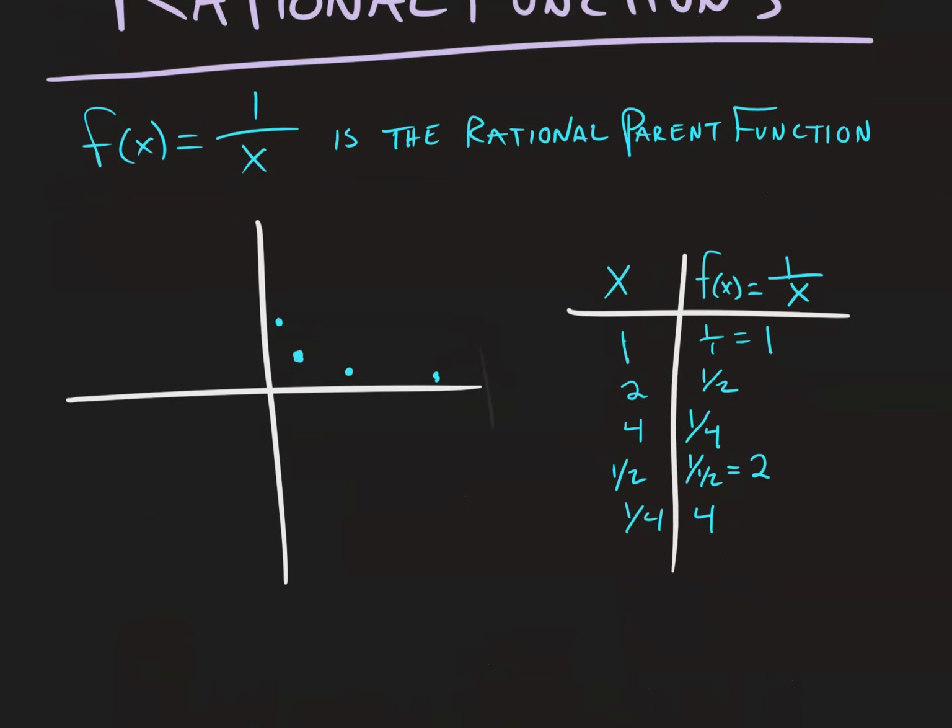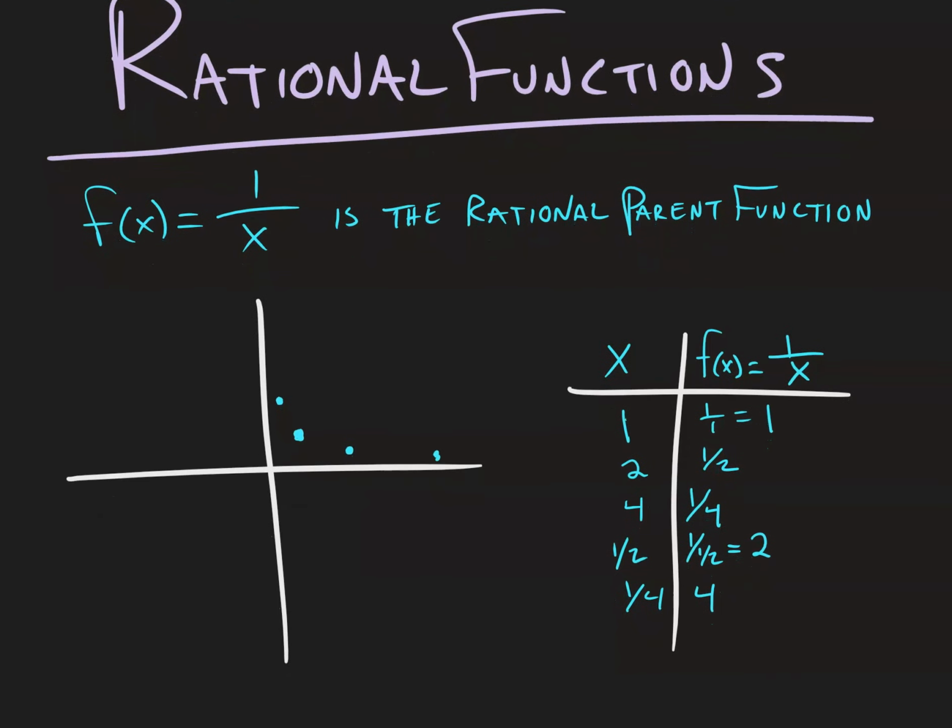So I get even further up, closer and closer to the y-axis. Now, as we push together all of these different x and y values, you guys can see that it forms this type of graph. We call this a hyperbola.